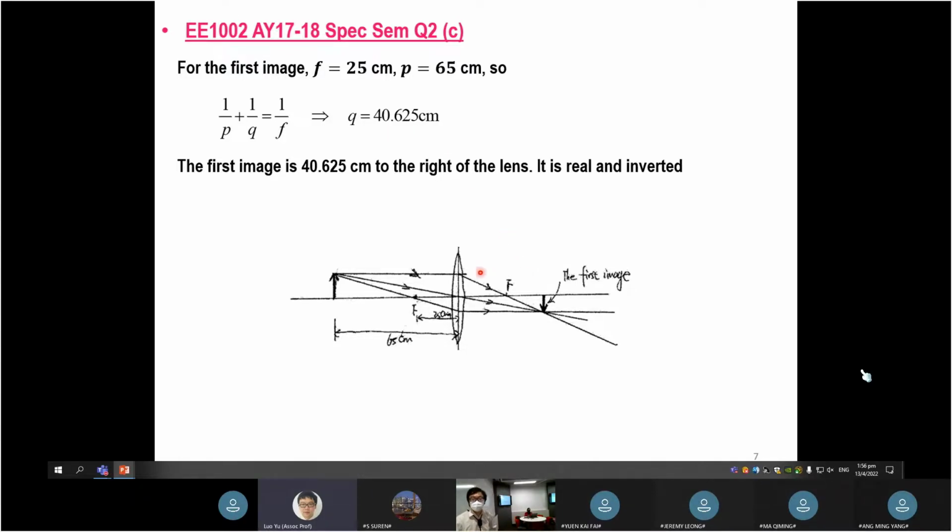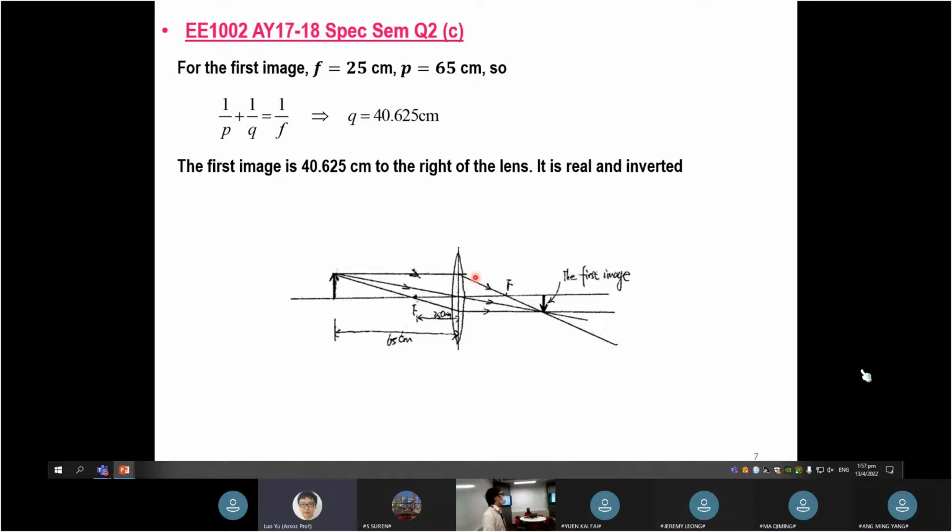Its position is, of course, located 40 centimeters to the right of this lens. Of course it's a real image, and inverted, because if you do minus Q divided by P, you get a negative value, so that is inverted. So we draw the ray diagram.